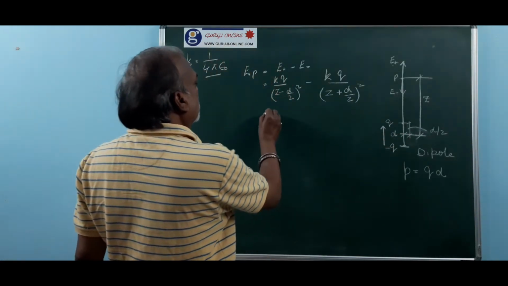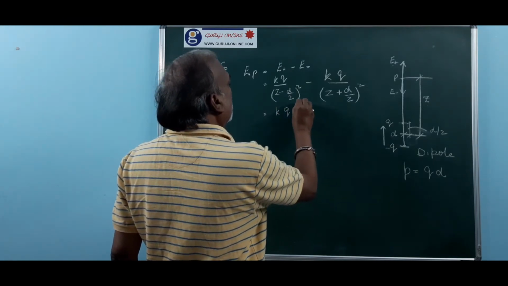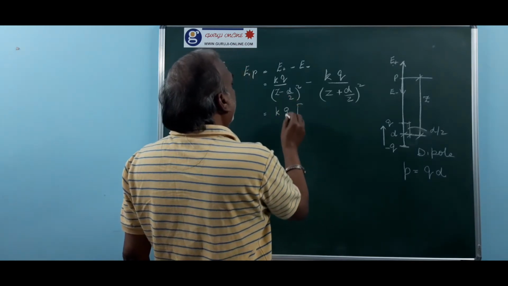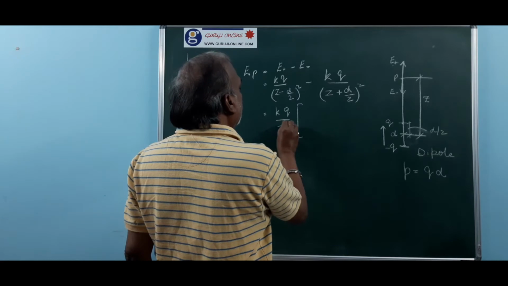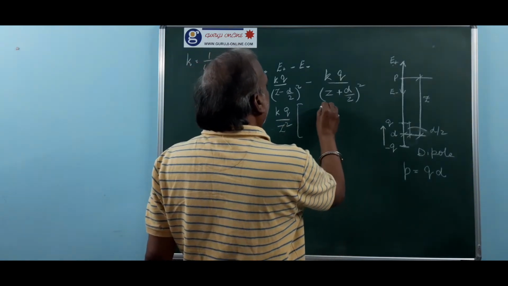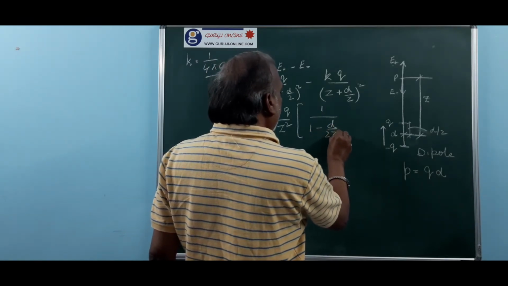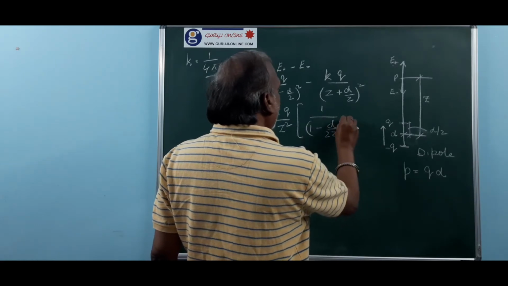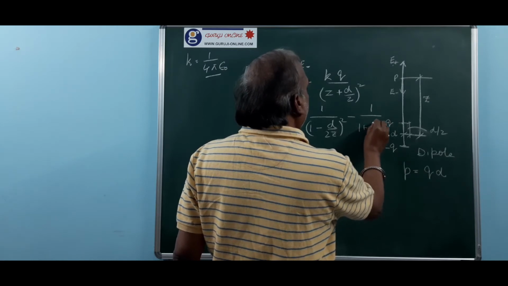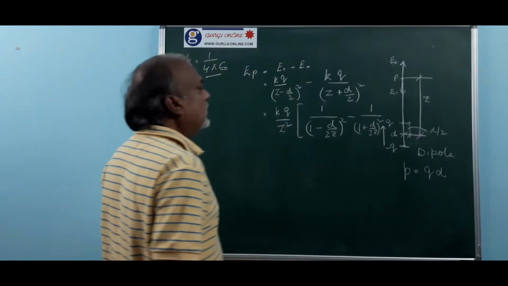Now we can simplify this. kq, suppose if we take z square common, then what will be there? 1 upon (1 minus d upon 2z) whole square minus 1 upon (1 plus d upon 2z) whole square.